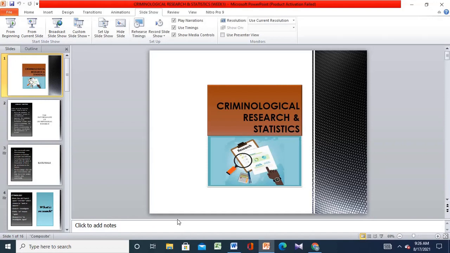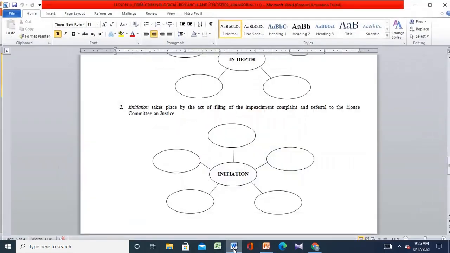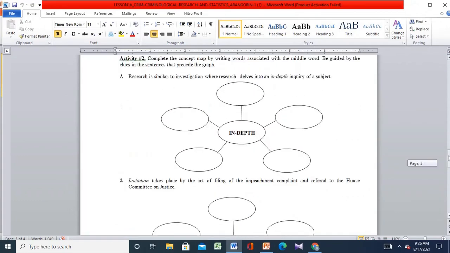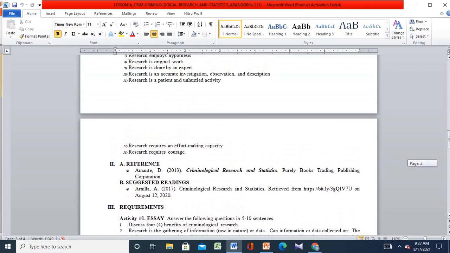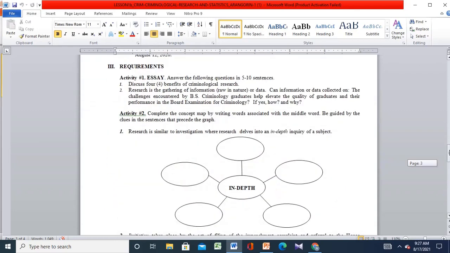Okay? So, that ends our discussion for today, for this week. For this first week of criminological research. And then for your requirement, I cannot put it on a slide because it is a bit long.